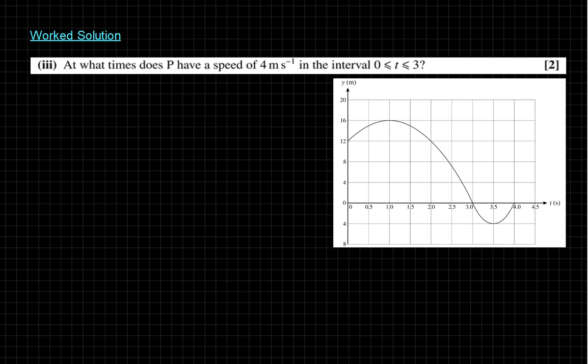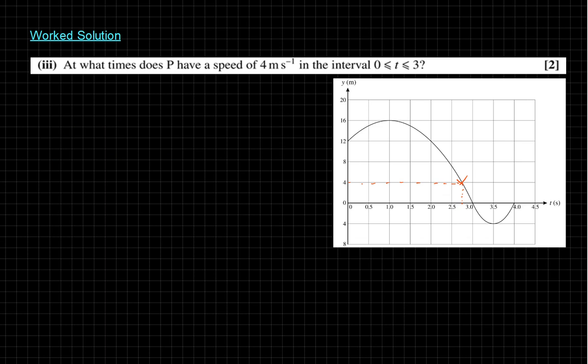Triple I. At what time does P have a speed of 4 meters per second in that interval 0 to 3? At what time? So here's 4. Read it off the graph. Go down. And therefore, hang on. No, completely wrong.